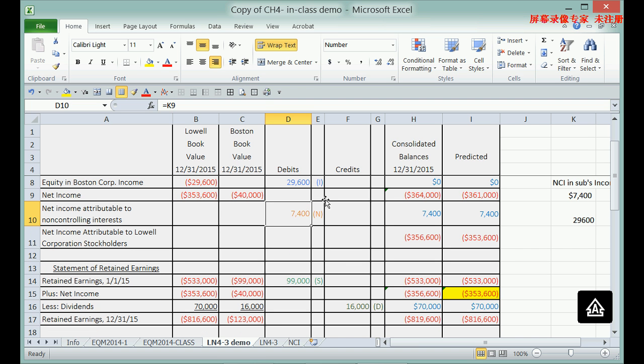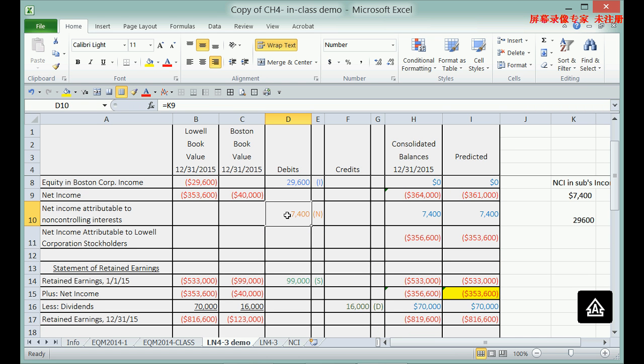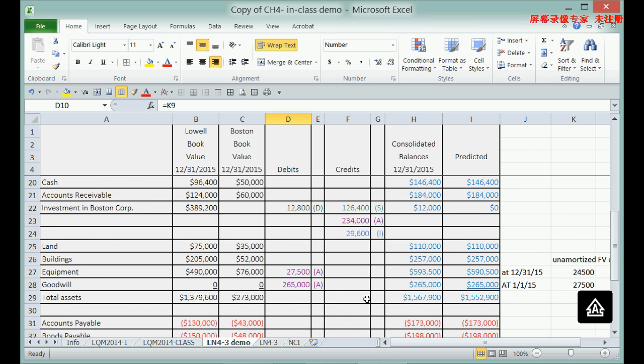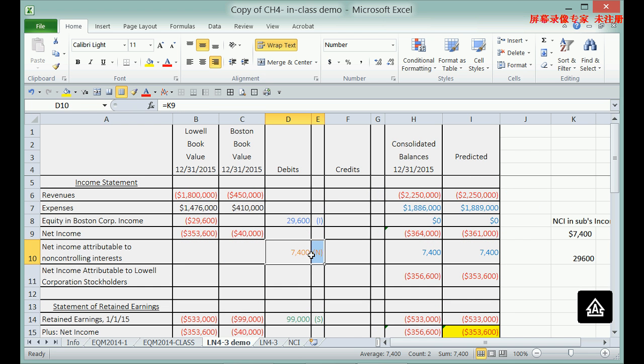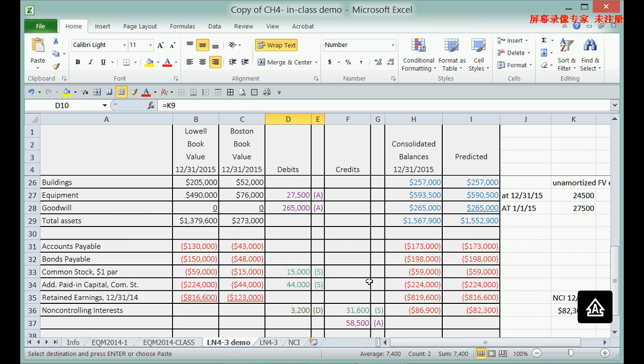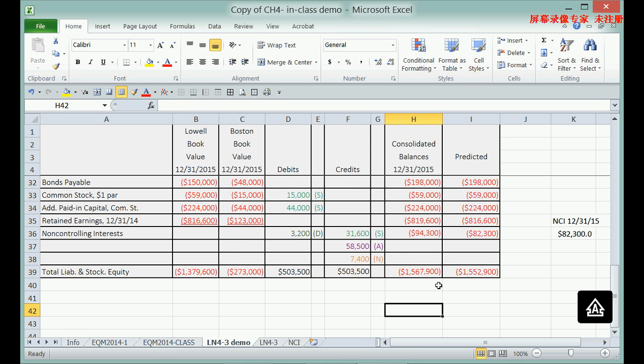And also I would credit CI, debit the I, credit investment. For I, the same, I debit the net income attributed to NCI, credit NCI. So I'm just going to copy and paste. Okay, this is the NCI, so I'm going to paste.